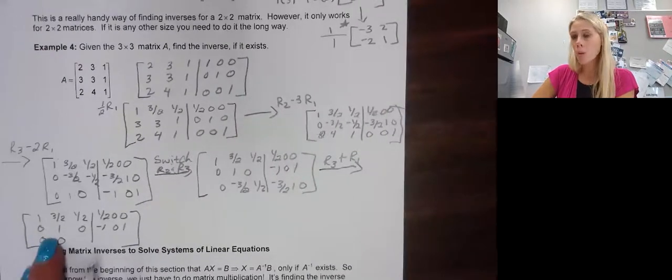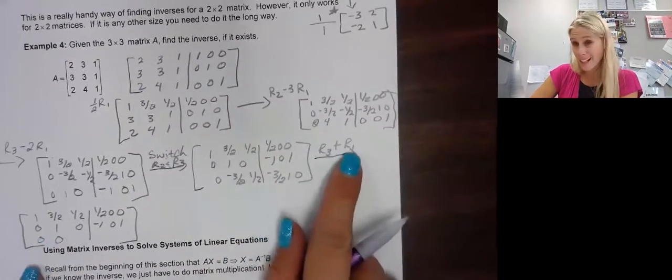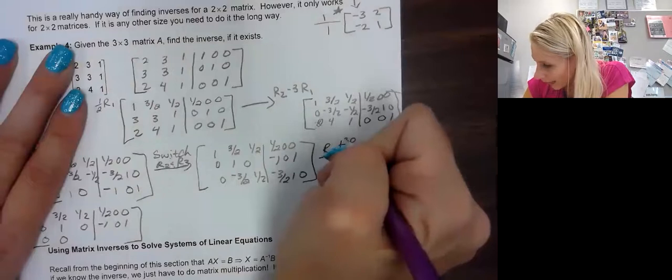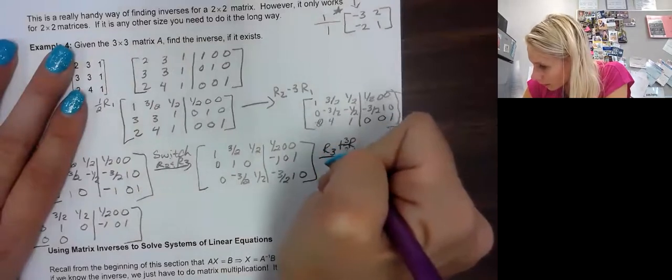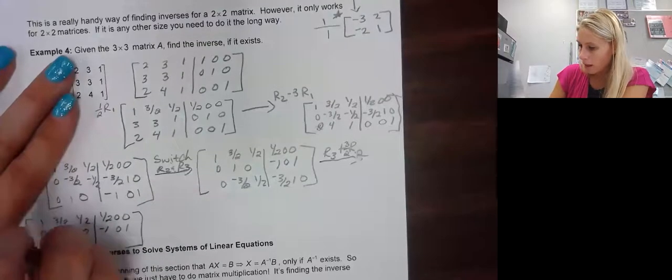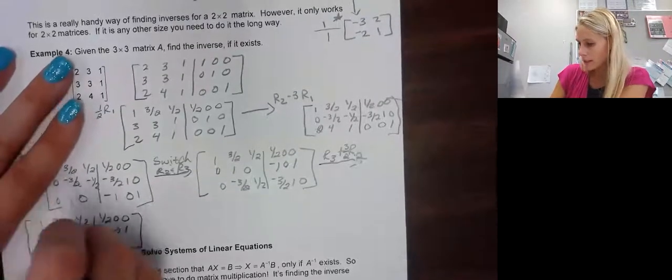It becomes a 1. So I actually can't add it to row 1. What I have to do is add 3/2 of row 2, and that is where I get the 0 here.